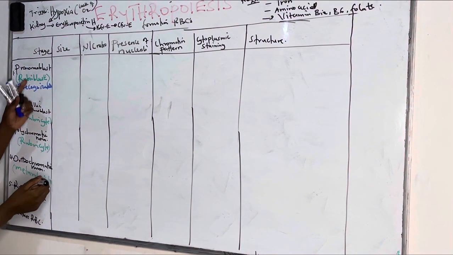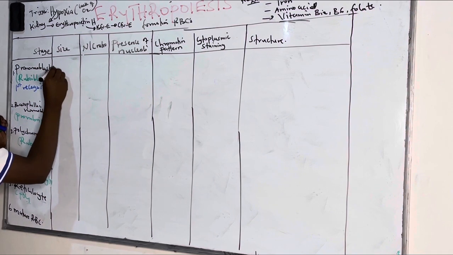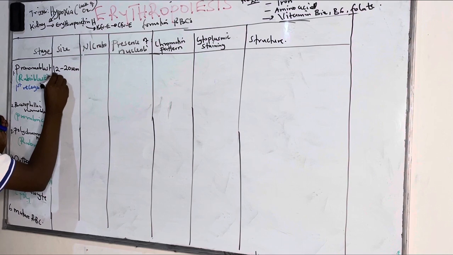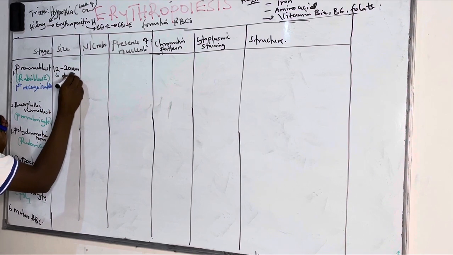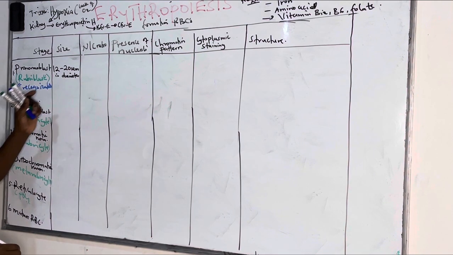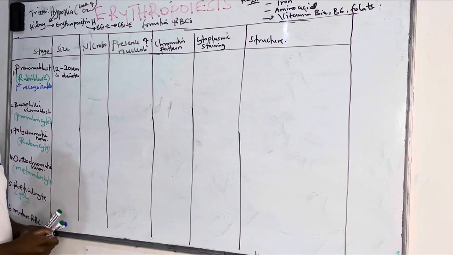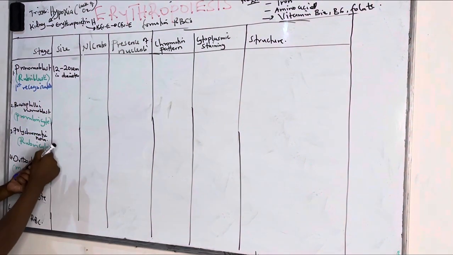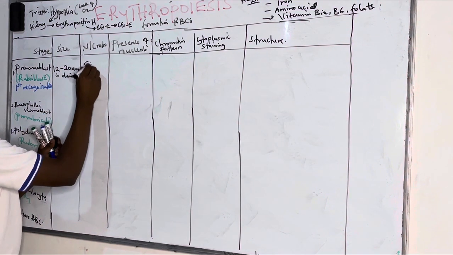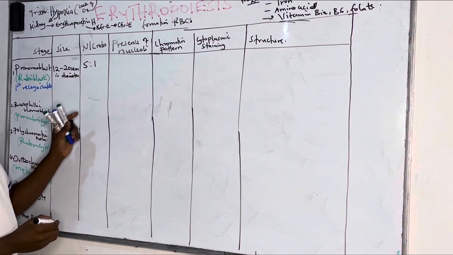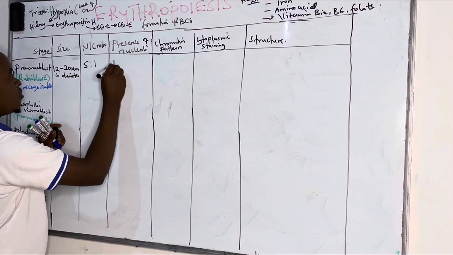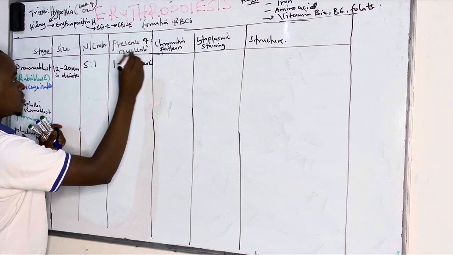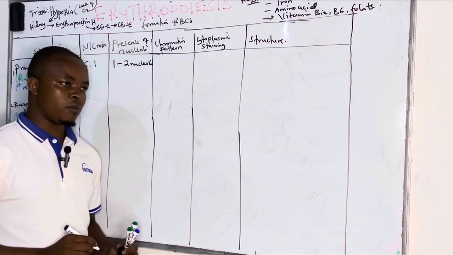So the size of the pronormoblast is 12 to 20 micrometers in diameter. And the nuclear cytoplasmic ratio here, almost the whole cell is covered by the nucleus, so we see the nuclear cytoplasmic ratio being 5 to 1. And we have 1 to 2 nucleoli present in the pronormoblast.